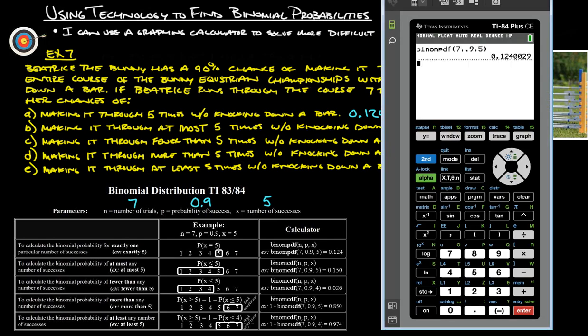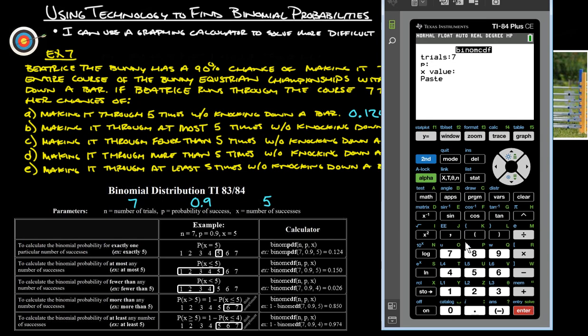When we do that, we want to go into 2nd, variables, which is our distribution, and now we want to get down to our binomial CDF. That's our cumulative density function. We push enter there, and again the number of trials is 7.